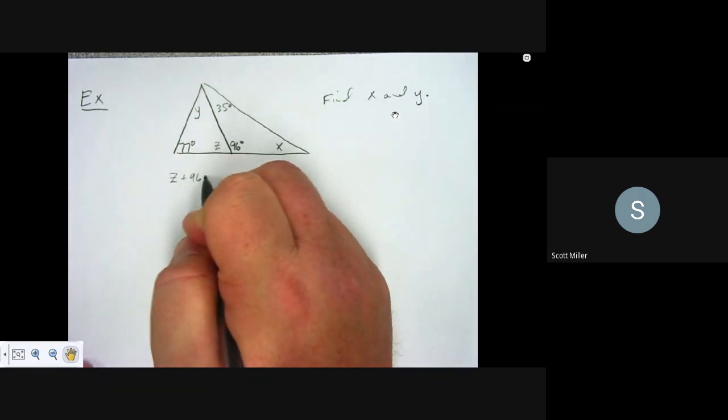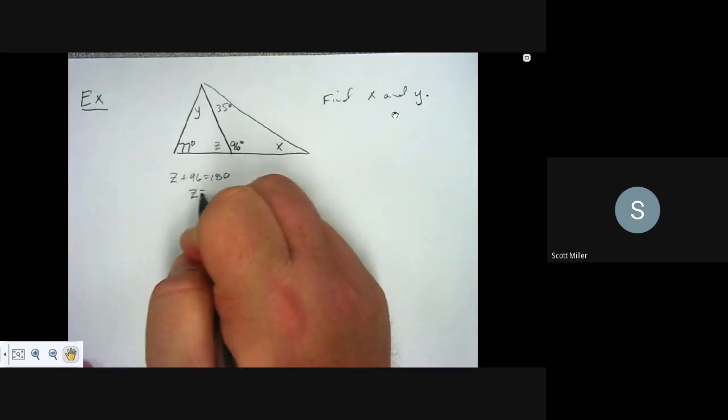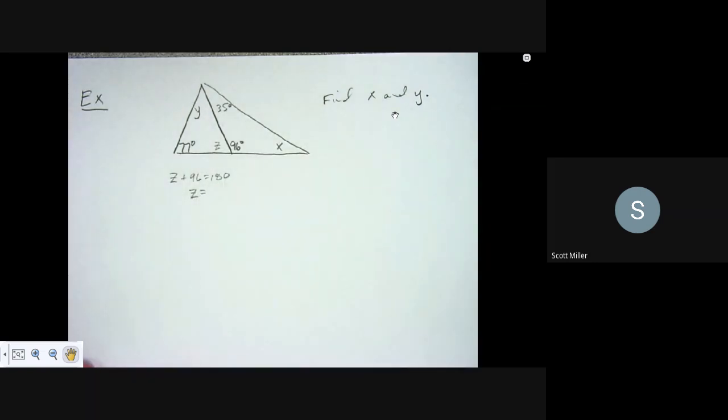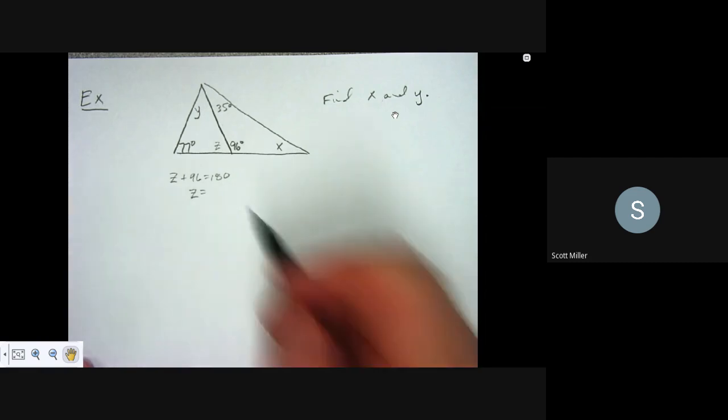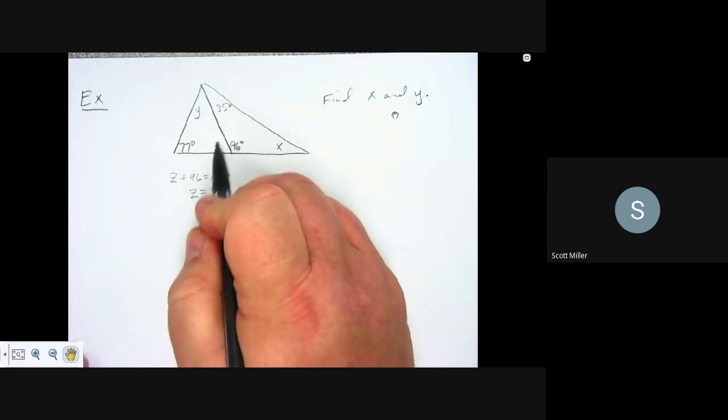So I know that Z plus 96 is 180. And so then Z must be equal to what? You take the 180 and you subtract 96, and you're going to get 84. So I now know that this angle right here is 84.